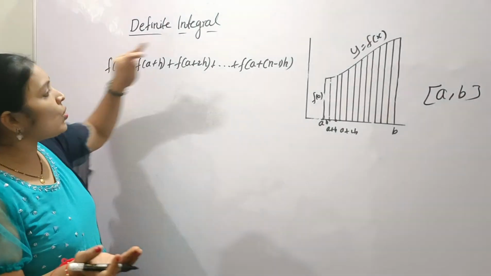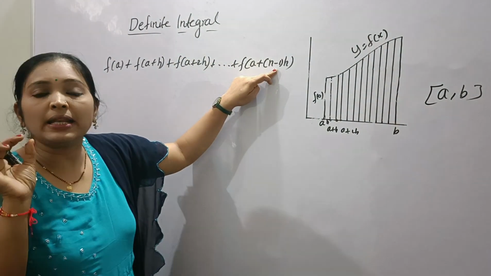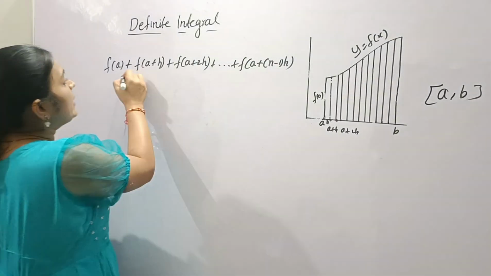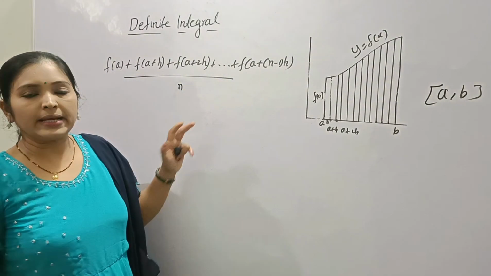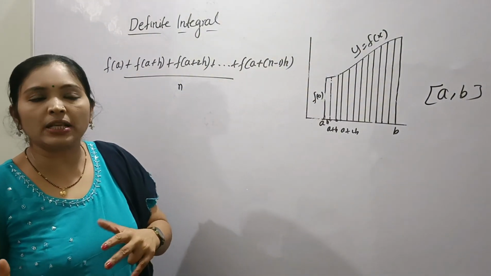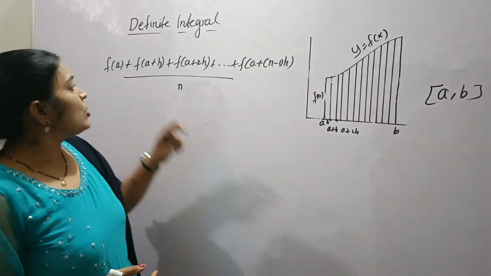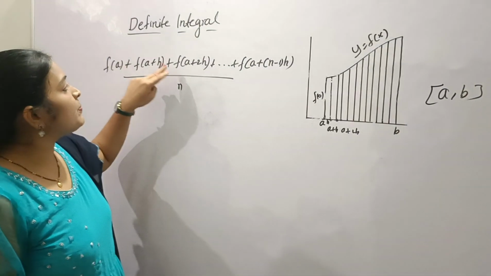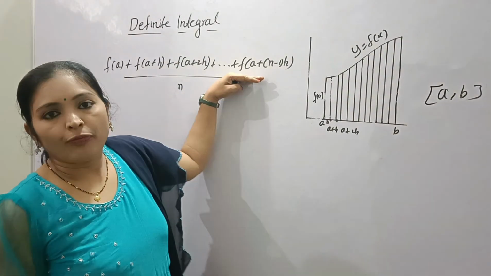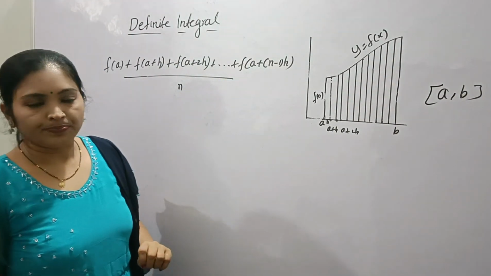So starting from 0 and ending at n minus 1, divided by n. That is, the average value of the function is the sum of the function values divided by the number of subintervals.